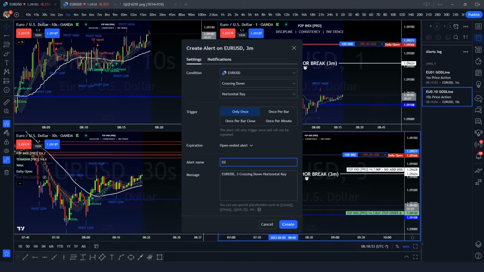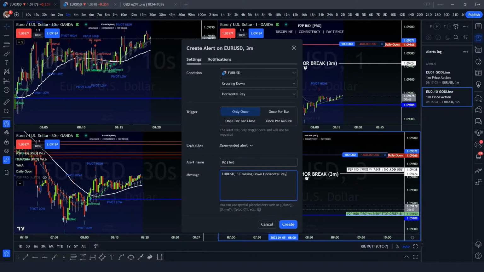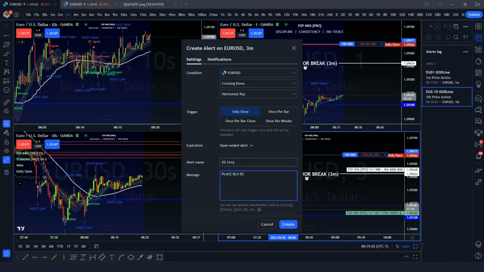So we're going to say demand zone. That's what we'll put. We'll put demand zone at. I don't have to put price. So we'll put demand zone on the 1 minute chart. And then we'll put here place buy limit order at, let's do a buy stop order actually.